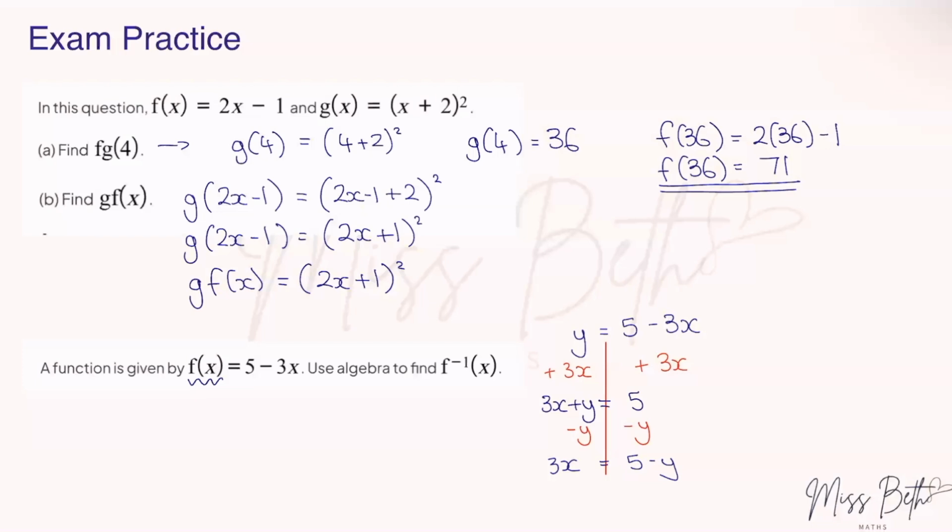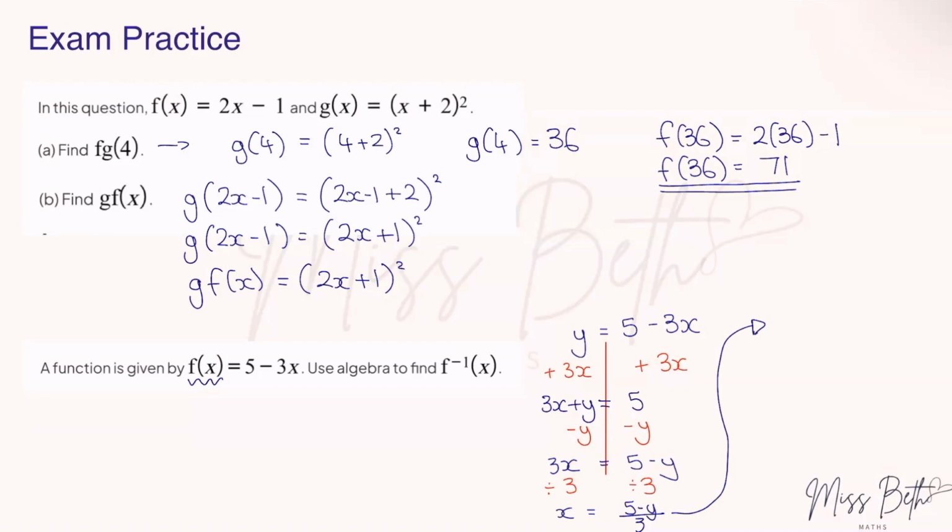I need to divide both sides by 3. So that would give me x is equal to 5 minus y, all divided by 3, at which point I want to use the correct notation and switch out the values as well.